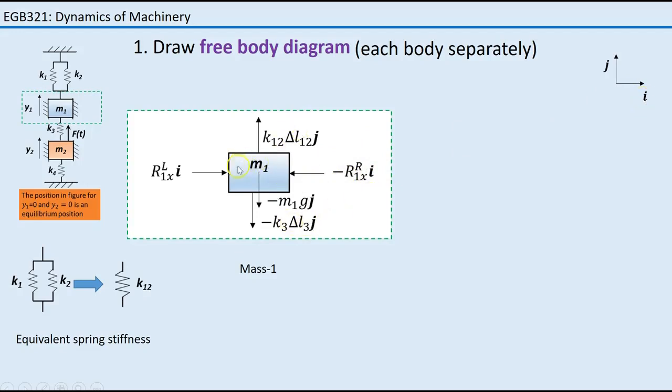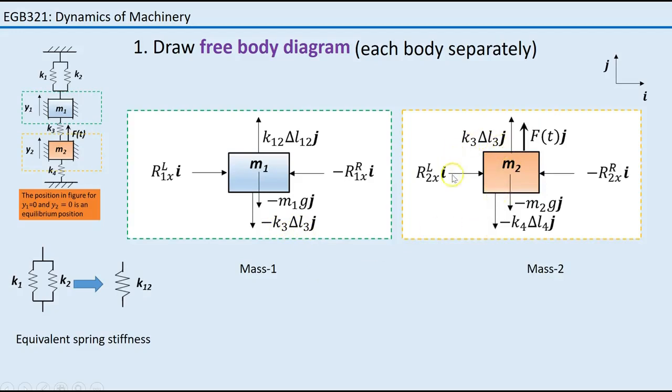Now this mass M1 is connected to the equivalent spring stiffness, which is K12. So the force acting upward is K12 del L12, and downward forces are the weight of the mass, or gravitational force, which is negative M1g, and the spring force for K3, which is negative K3 del L3.